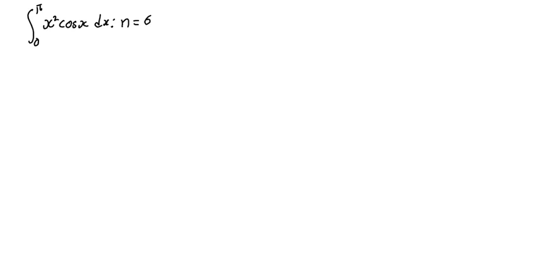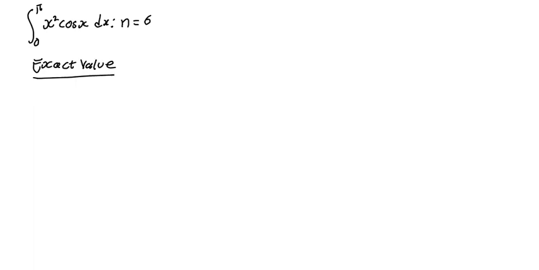So what I'm going to do is integrate this by parts, then evaluate and see what value I get. So we say the exact value is what we are looking for first.